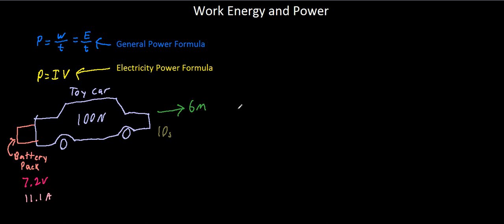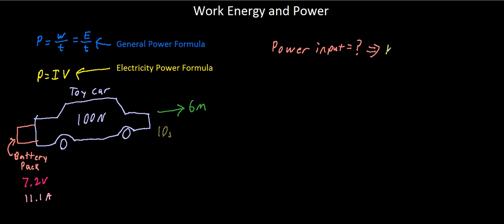Let's start by using our new formula here for the power that's supplied from our battery pack. So we'll say, what is the power inputted from our battery pack? Let's just say, what is the power input? And to figure this out, we'll, of course, just use our formula for power for electricity.